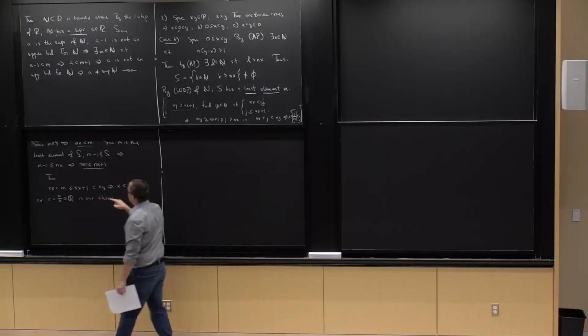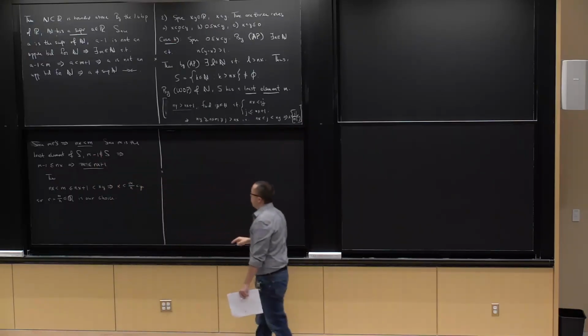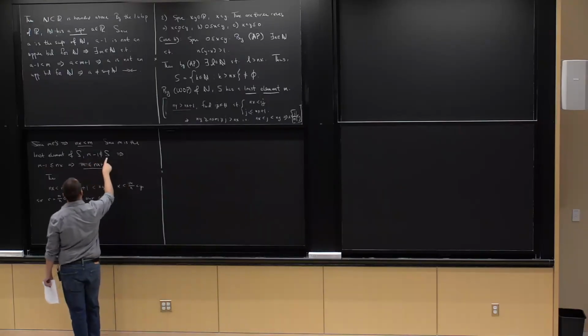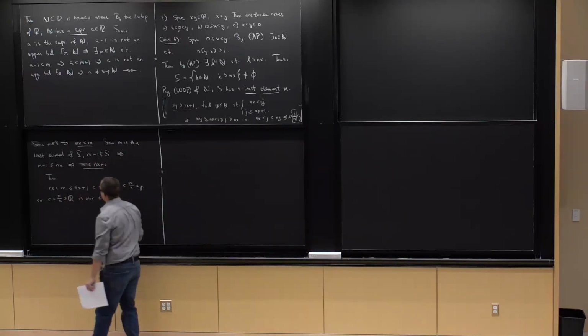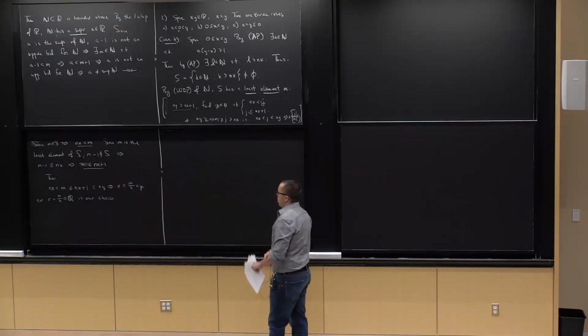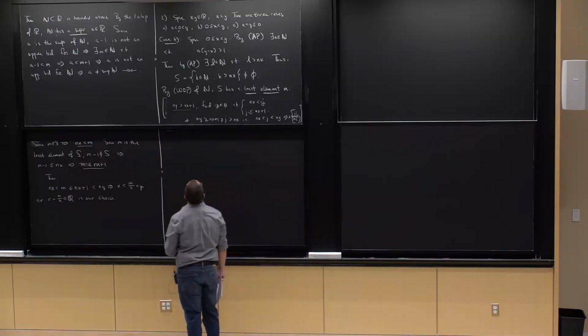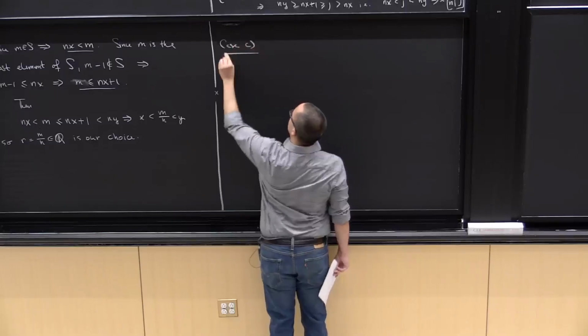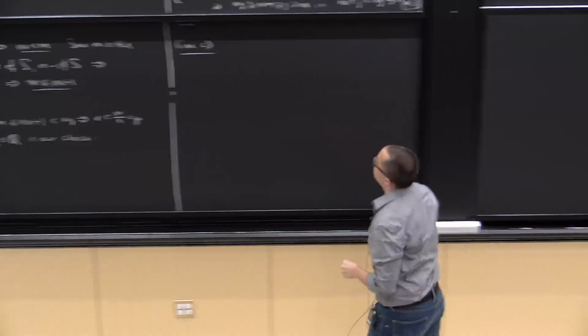I don't want to spend too much time on that, but it's by being able to claim that m minus 1 is not in S. Okay. All right, so what about case C? Case C will just reduce to case B, okay?